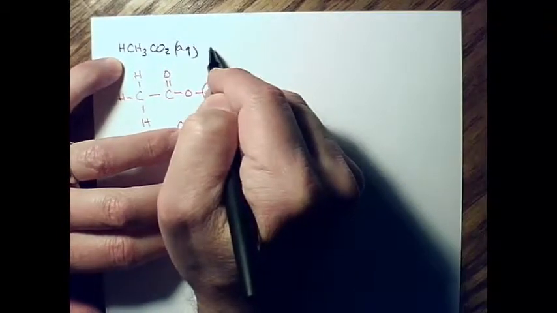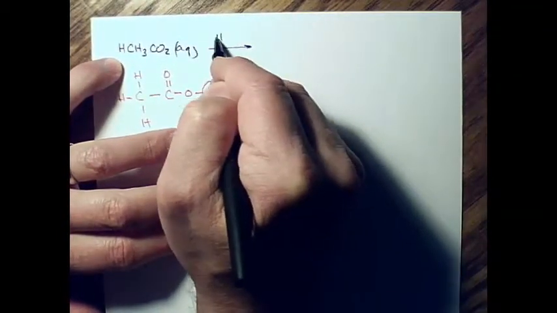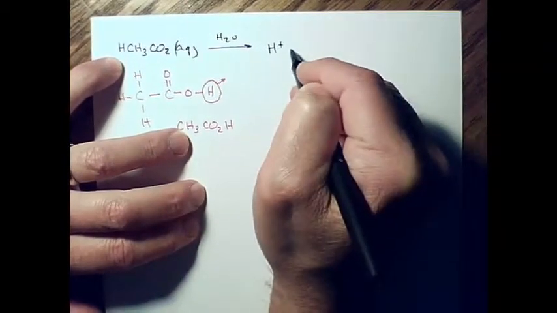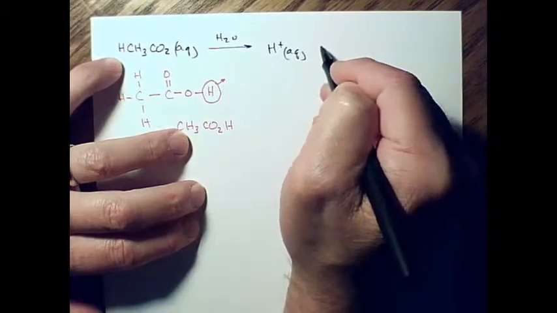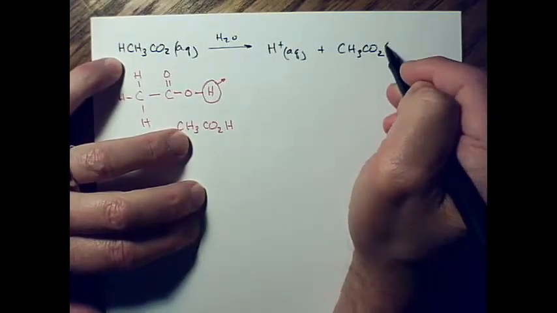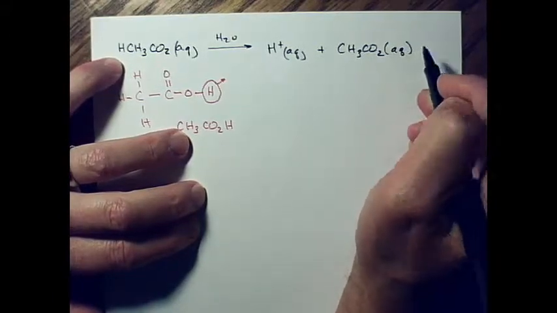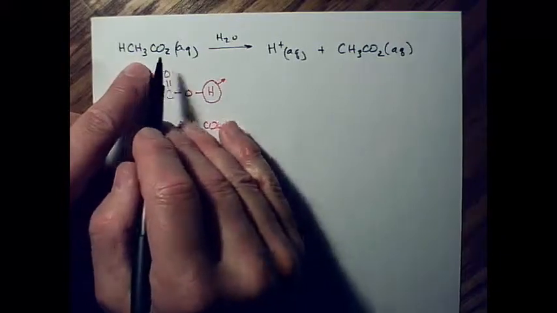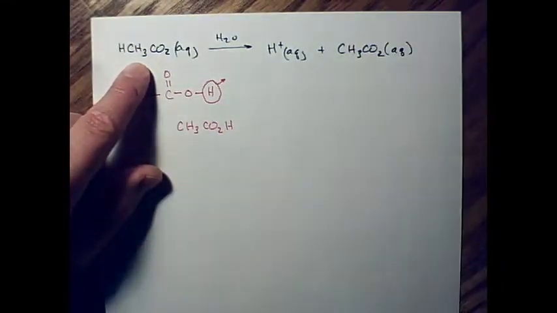So when we put this in water using this Arrhenius concept, we get hydrogen ions. We get acetate ions. But the reason it's a weak acid is that very little of these actually are broken up at any given point in time.